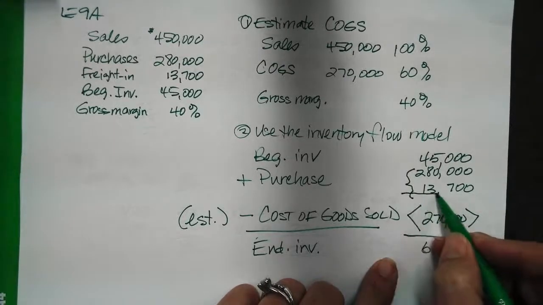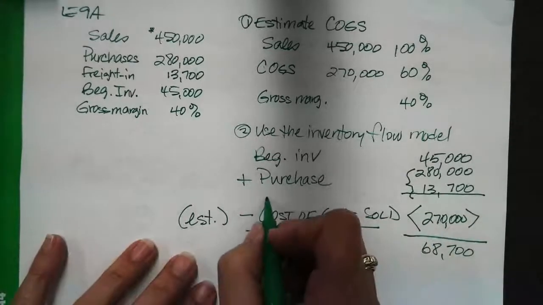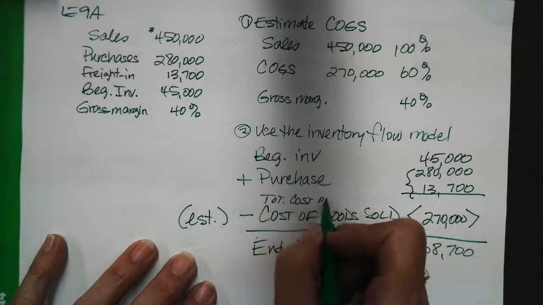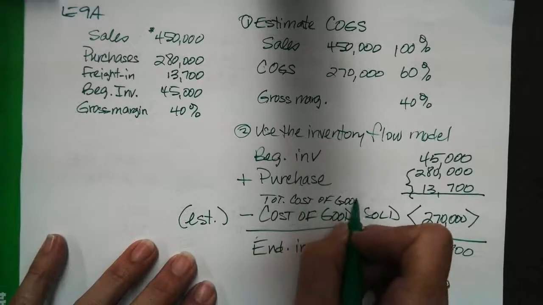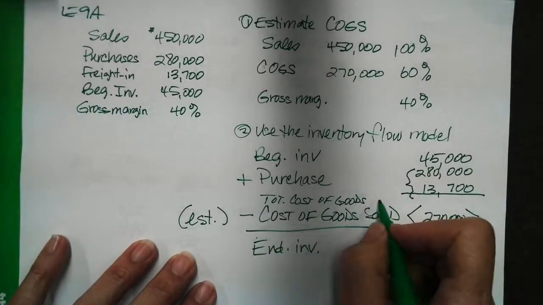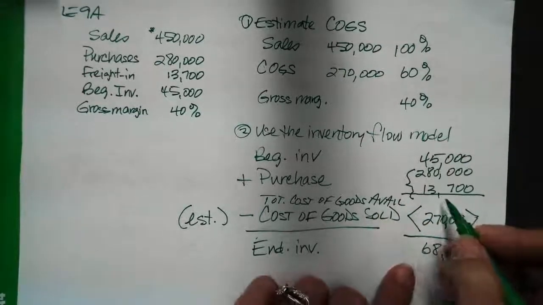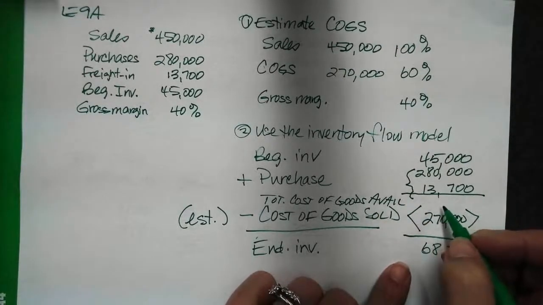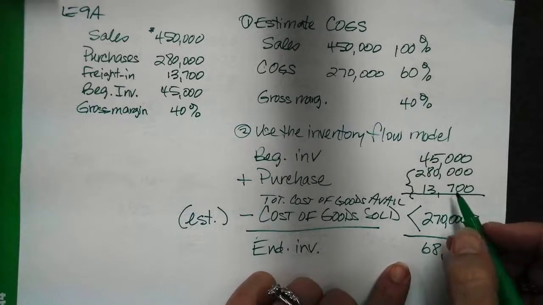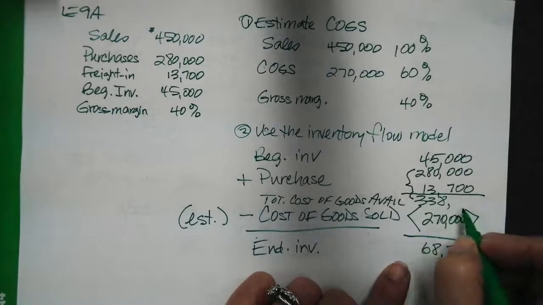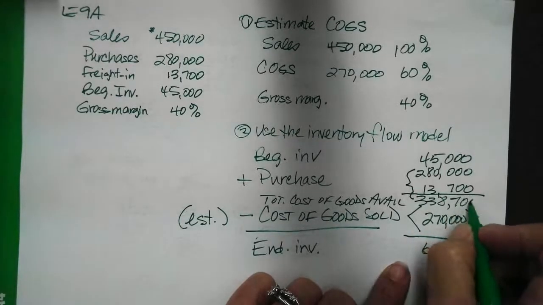I can also subtotal up here and put in total cost of goods available for sale. You may be thinking I left that out. I don't always use it because I know how the flow is in my mind, but it would make it easier for us to do the math.